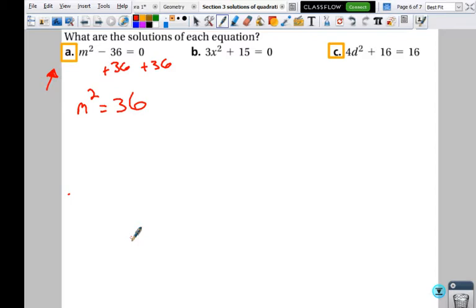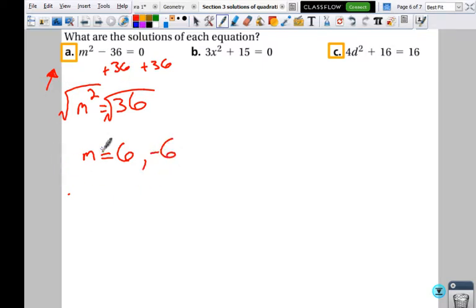Divide. Oh, you square root. Yep. It looks like a divide sign, but it's a square root. We're going to square root it and we're going to get m equals, what do we get, Alzea? 6 and negative 6. Perfect. 6 and, because we made the square root ourselves, negative 6.